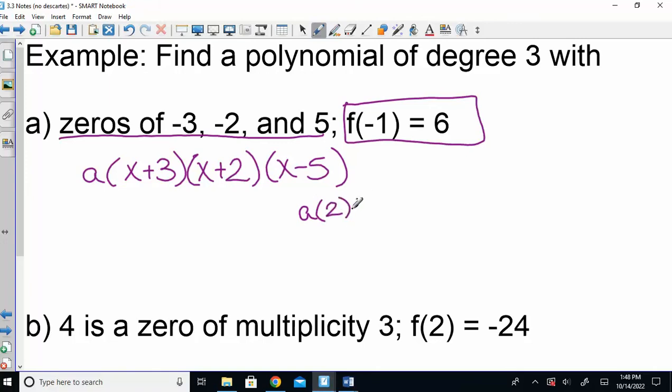So if I plug in -1, -1 plus 3 is 2. -1 plus 2, -1 minus 5, and that has to equal 6. Everybody understand that part?